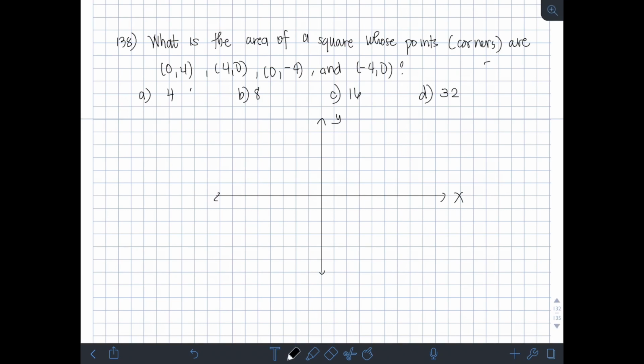So, 0, 4, 1, 2, 3, 4. 4, 0, 1, 2, 3, 4. 0, -4, 1, 2, 3, 4. And -4, 0. 1, 2, 3, 4. So, connect natin.